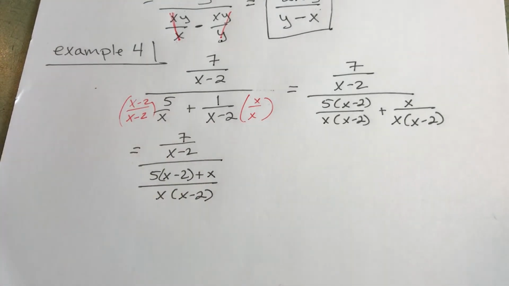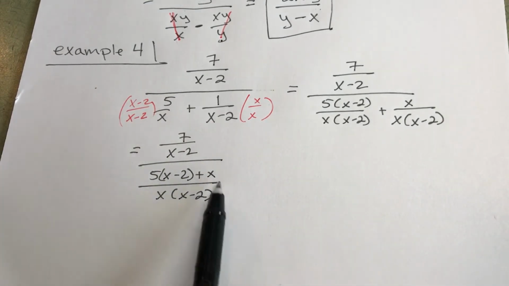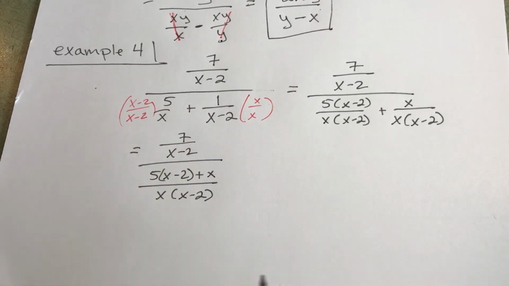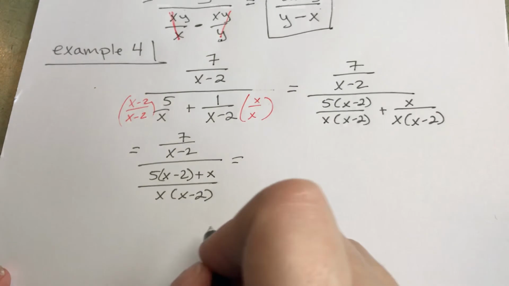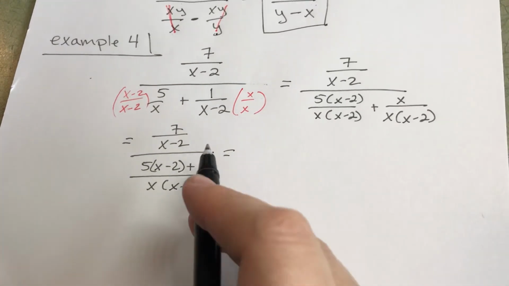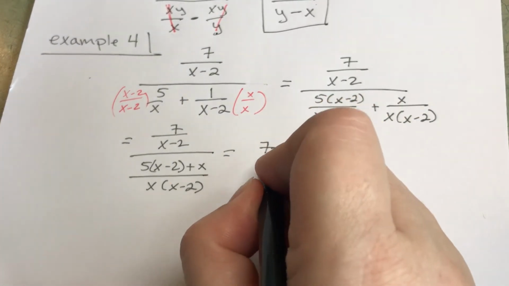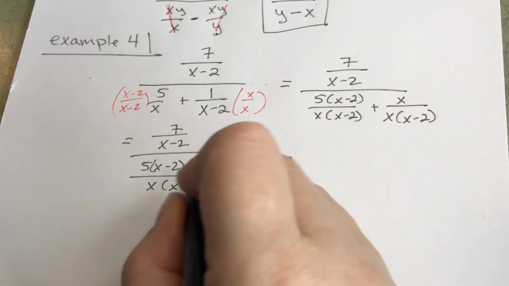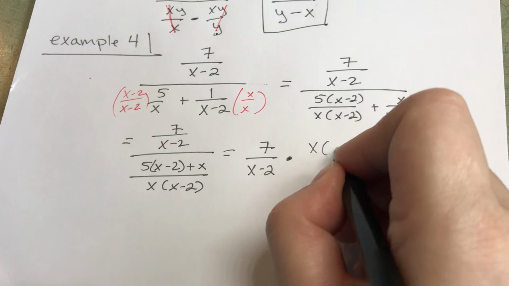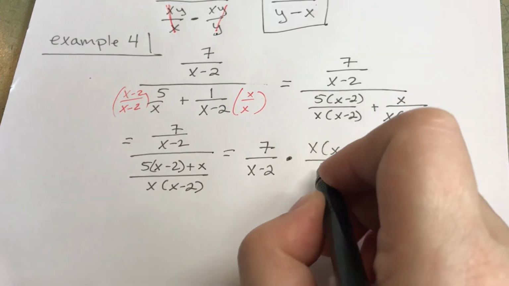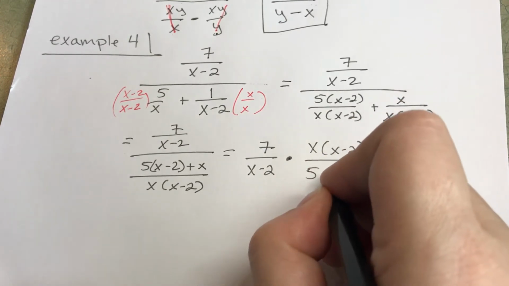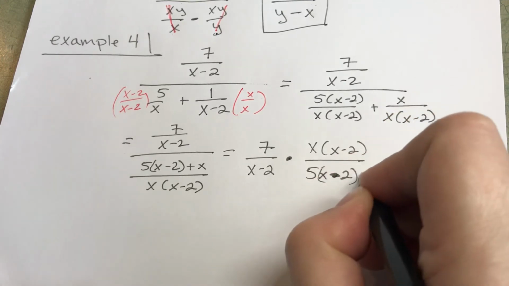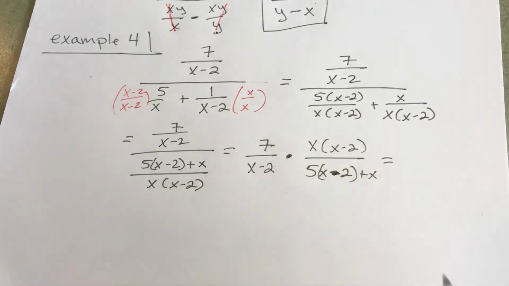Now I have combined this into one fraction divided by one fraction, so I'm going to change this into a multiplication problem. This is 7 over x minus 2 times the reciprocal, x times x minus 2 divided by 5x minus 2 plus x.